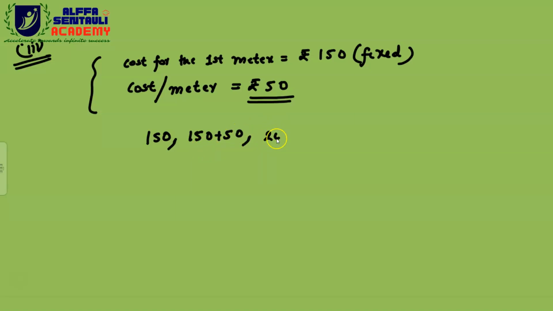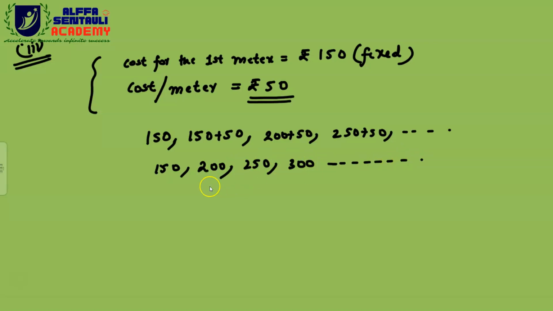Then 200 plus 50 for the third meter, then 250 plus 50, correct. So this will keep on increasing. So this is 150, this is 200, this is 250, this is 300. So beta, this series will keep on increasing.